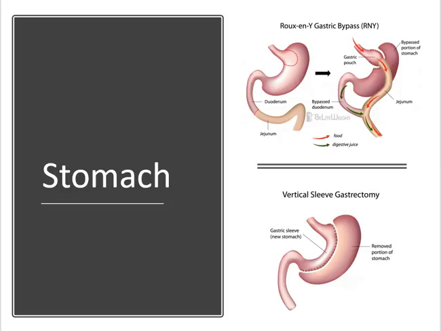I want you to note that these procedures are laparoscopic in nature for the first family of codes, and then we also have procedures that are classified as other procedures. So as it relates to our procedures on the stomach, bariatric in nature, you have procedures such as your Roux-en-Y, aka your gastric bypass, as well as your vertical sleeve gastrectomy.